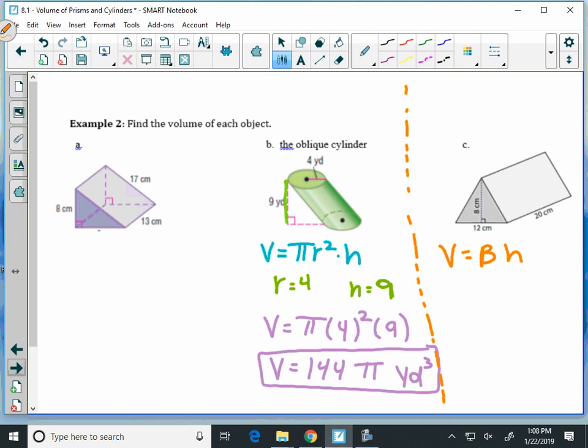And again, big B stands for area of the base. Height stands for height of the figure. So let's find our big B first. In order to find our big B, we have to figure out, well, what is the shape of my base? Looking at this diagram, what do you think the shape of our base is? A triangle.